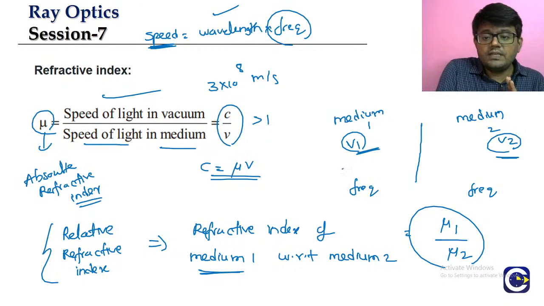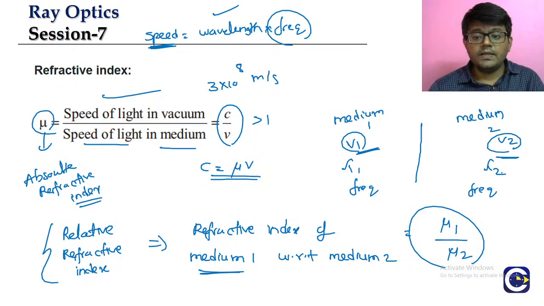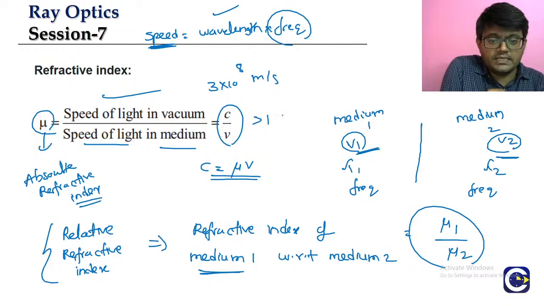So here the wavelength is, let us say, lambda 1. Here the wavelength will be different. Now we can understand the relation between the wavelength and refractive index, just like the relation between speed and the refractive index. How?